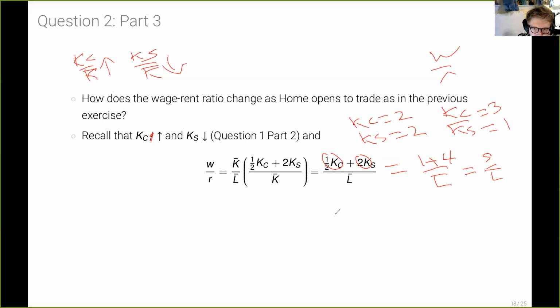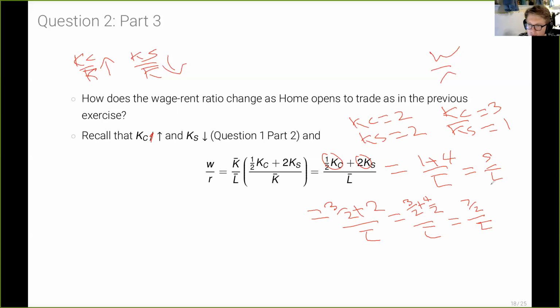Well, notice that this expression above is now going to be 3/2 plus 2 over L bar, and so then I'm just going to rewrite this as 3 halves plus 4 halves over L bar. And so that's going to give me 7 halves over L bar.